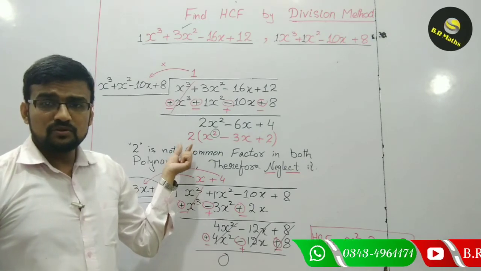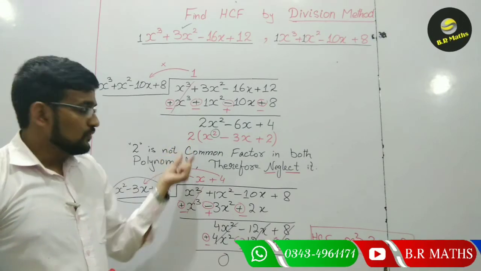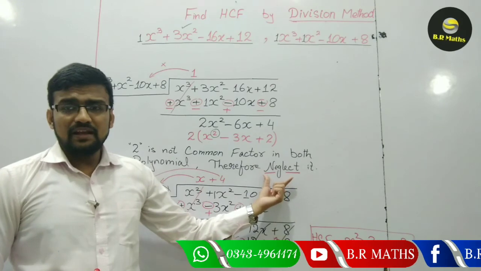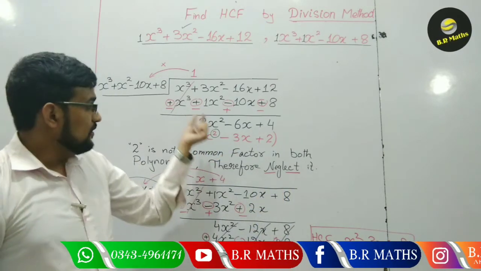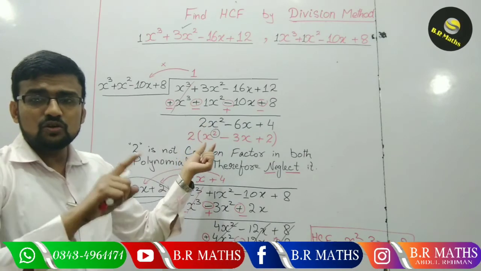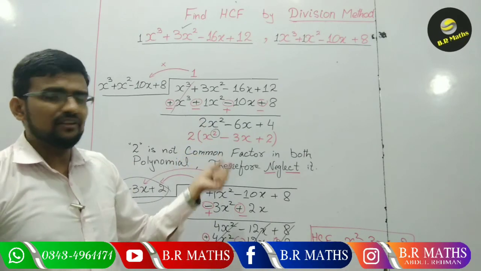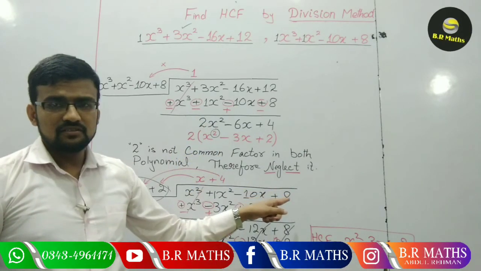The most important point, this one too. Why is it neglected? Because this 2 is only in one polynomial. This is not common in both polynomials, therefore I neglect it.